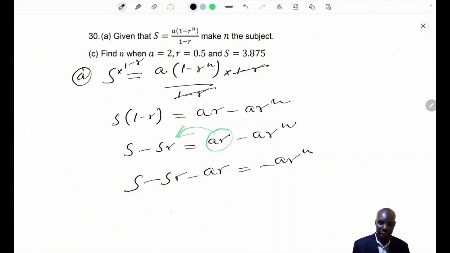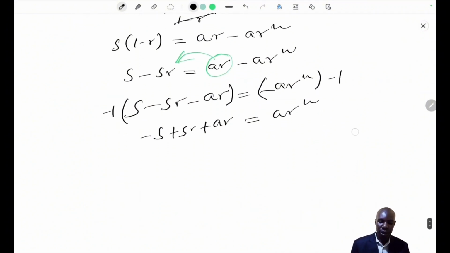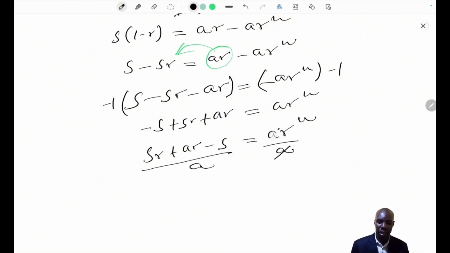Here, we can say that if we multiply both sides by minus 1, then we'll say minus S plus S R plus A equals A R to the power N. So we can rearrange and say S R plus A minus S equals A R to the power N. So if we divide both sides by A, then that will cancel out.